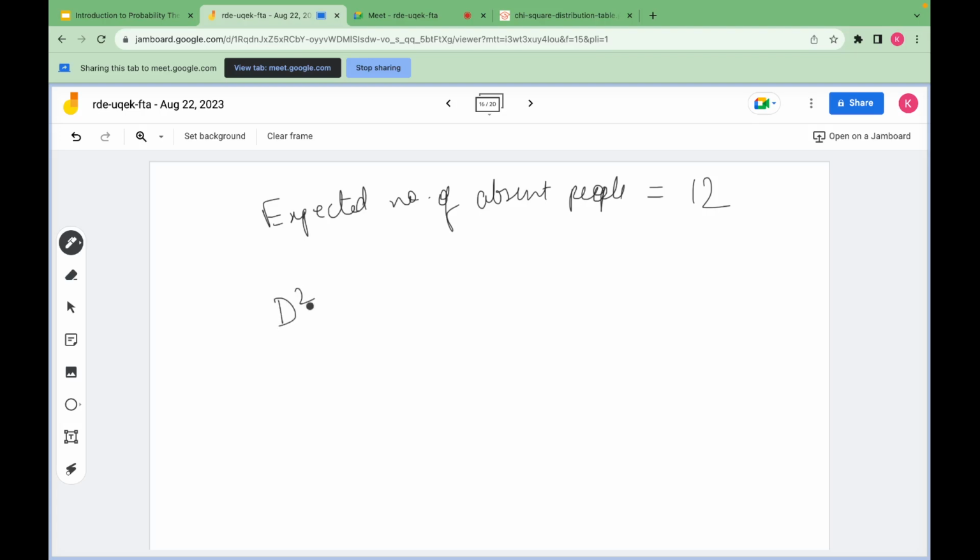corresponding to our test statistic, which is D naught square, which is nothing but (OI minus EI) whole square divided by EI.